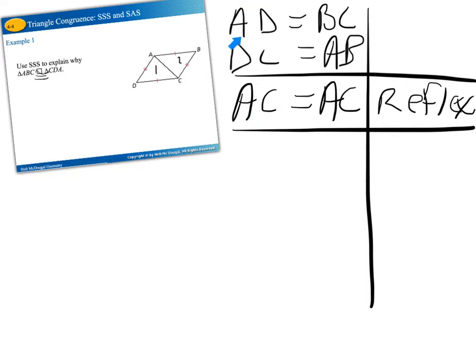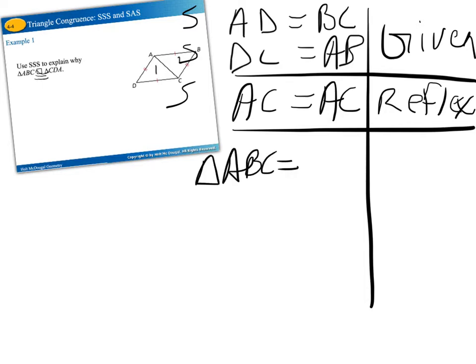This is all of my triangle 1 information. I've got my 2 tick marks for AD, my 1 tick mark on DC, and then this is the line AC for this triangle. Now over here I've got BC, the 2 tick mark, AB, the 1 tick mark, and AC, the reflexive. Alright, so basically once you've been given a side, a side, and a side, you can go ahead and say triangle ABC is congruent to triangle CDA by side, side, side. That's going to be your reason, your postulate.